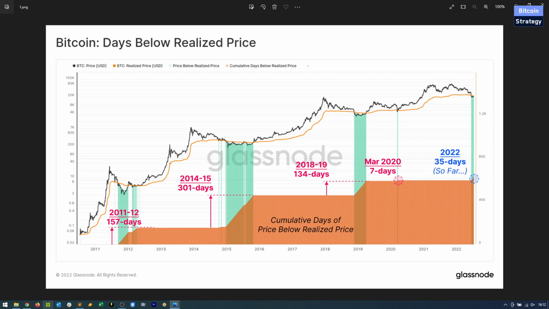Now, this analysis does not try to find out how low we can go in Bitcoin. It tries to find out how long we are going to be depressed. Or in other words, if you are dollar cost averaging into Bitcoin, if you are buying Bitcoin regularly, say every single month, how long are we likely going to see low prices like this? And so far, right, when we look at this, it's maybe roughly 4 or 5 months.